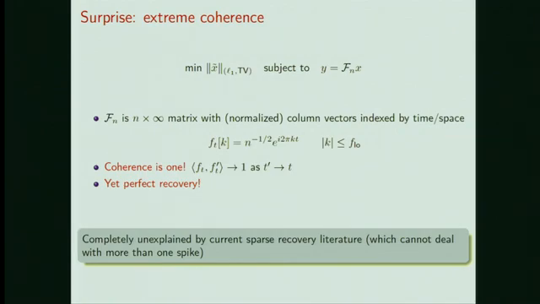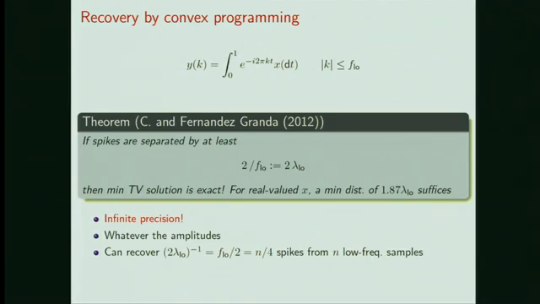We're trying to solve a problem, and when I look at the columns of my Fourier transform, because spikes can be infinitely close, the coherence is 1. So it's actually a perfect L1 recovery result under extreme coherence, in which the coherence can be 1, which cannot be explained by the current sparse recovery literature. Using algebraic techniques, we need n over 2.